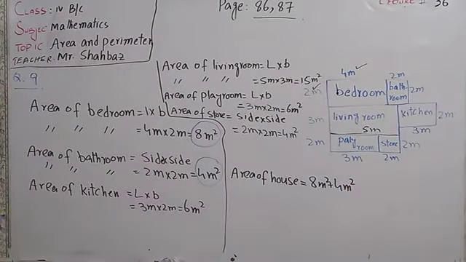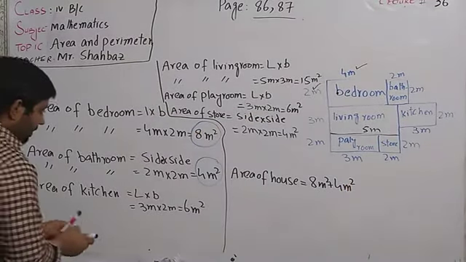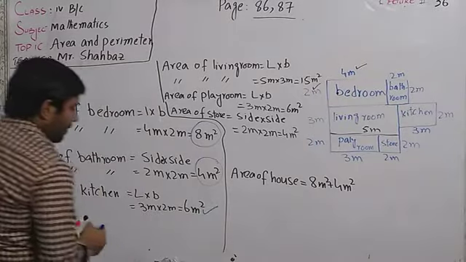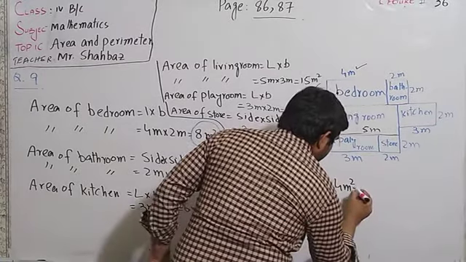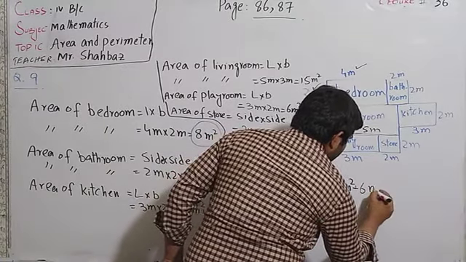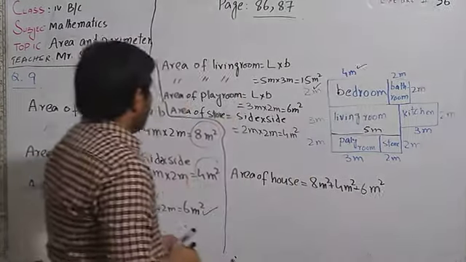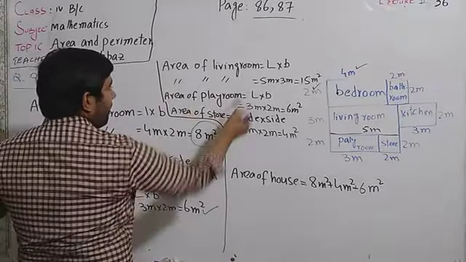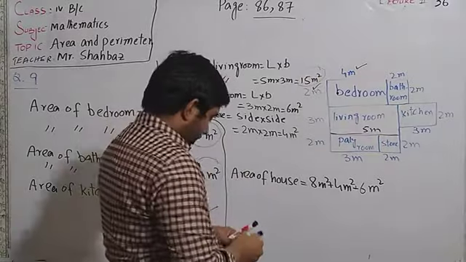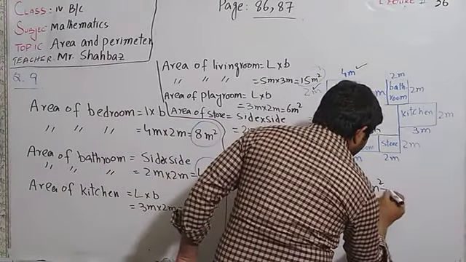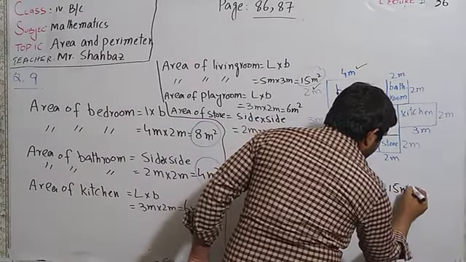Then we have the area of kitchen, this is 6 meters square, plus the area of living room, that is 15 meters square.